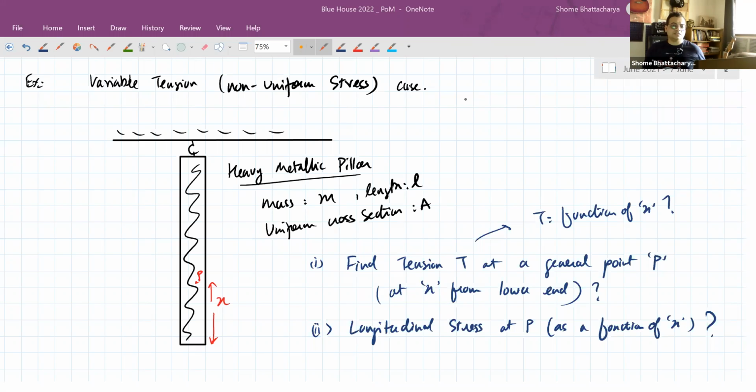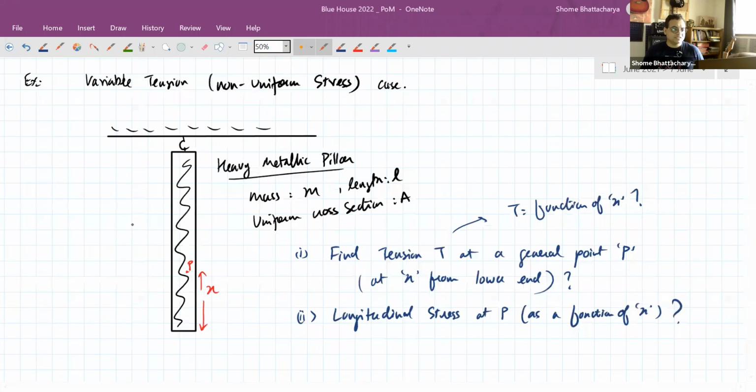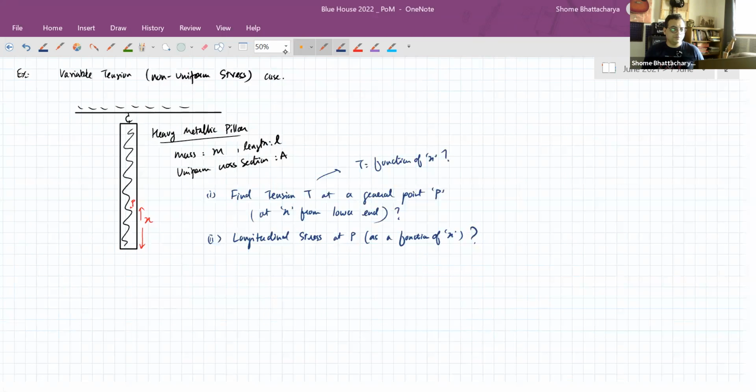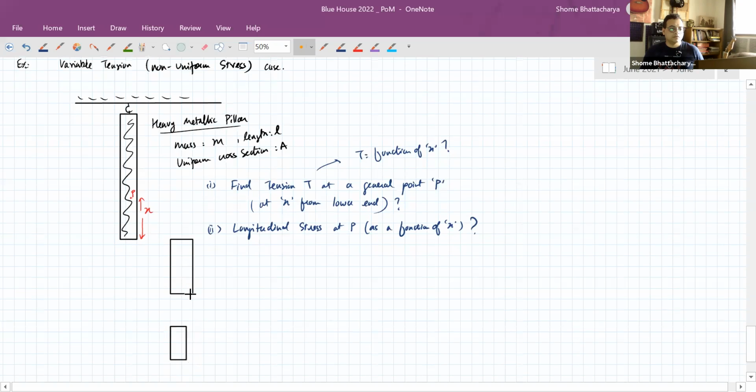Remember how we had done this in mechanics earlier in Newton's laws of motion. What you do is you make a free body diagram of this section of the rod or pillar or whatever. You can sort of mentally break this into two parts.